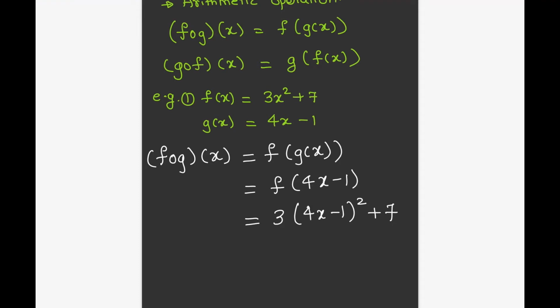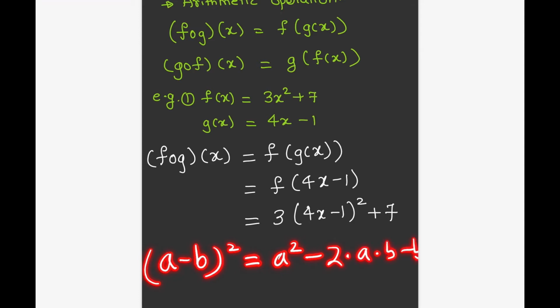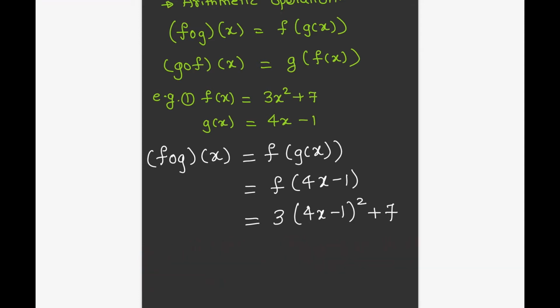Now you have to solve this parenthesis of a minus b squared. So (a minus b) squared is equal to a squared minus 2 times a times b plus b squared. Let me write it down for your reference.